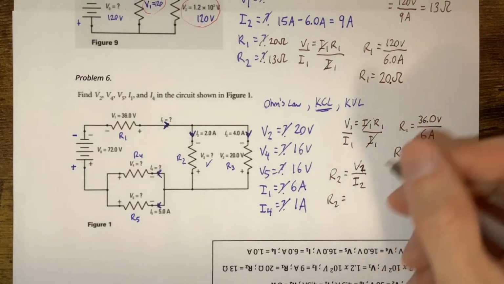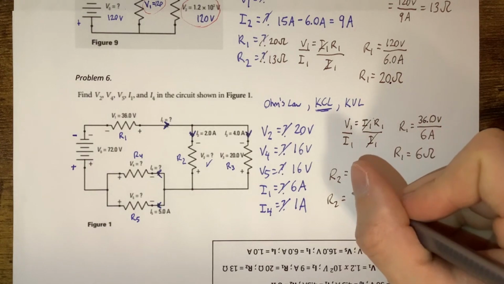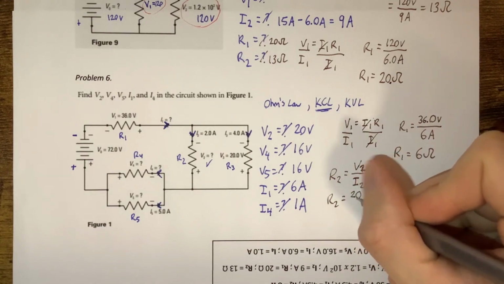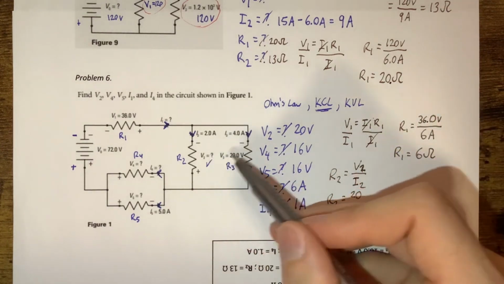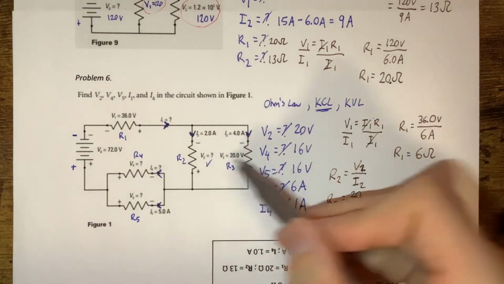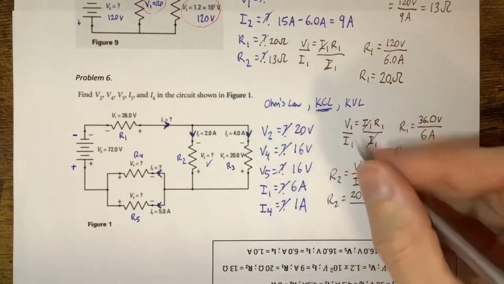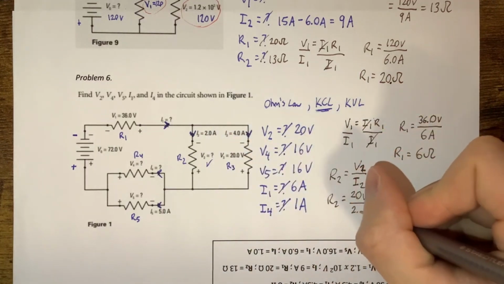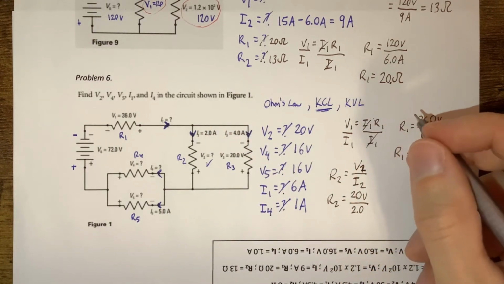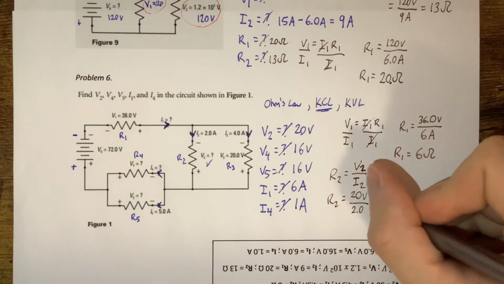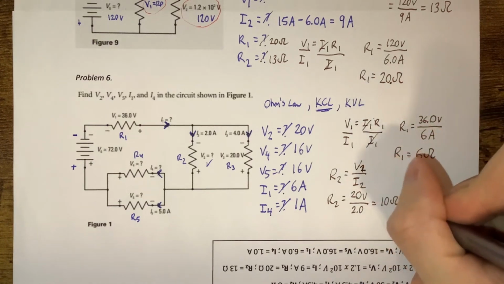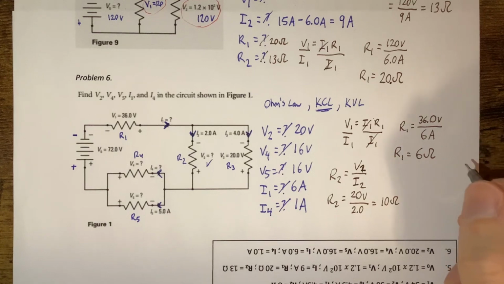Okay, so V2, we got our 20. We got 20 here, because remember it's going to be in parallel, right? So we got 20 over the current, so it looks like we had 2 amps of the current go down here. Okay, so it looks like we're going to end off with our 10 ohms here for R2.